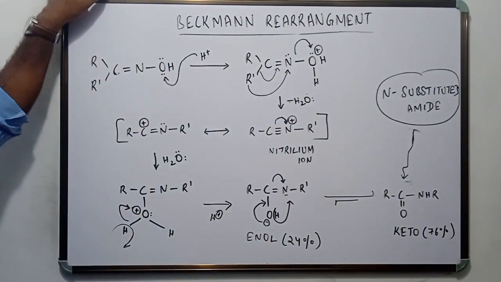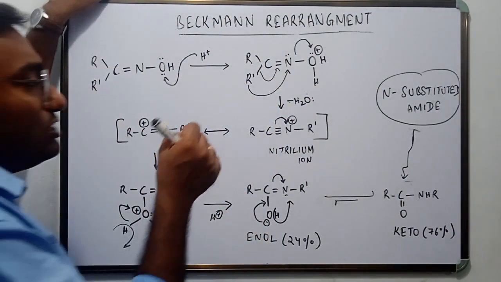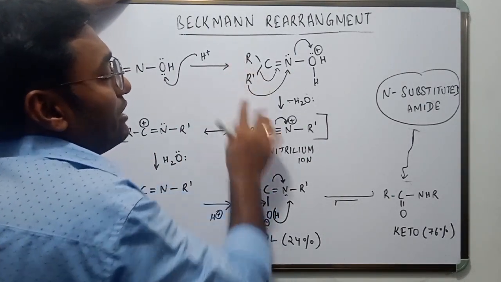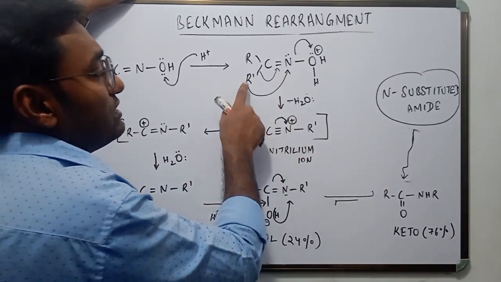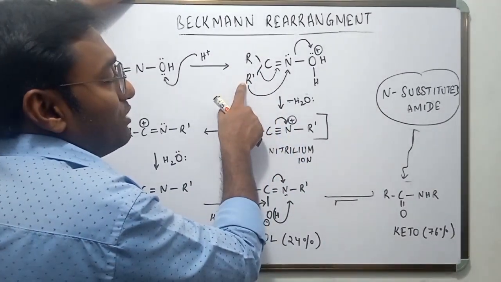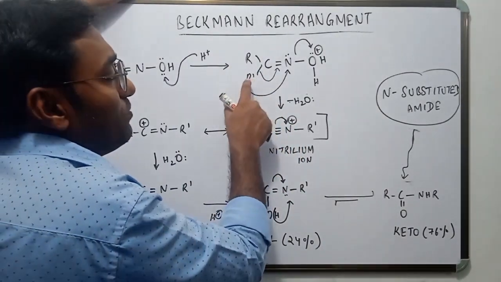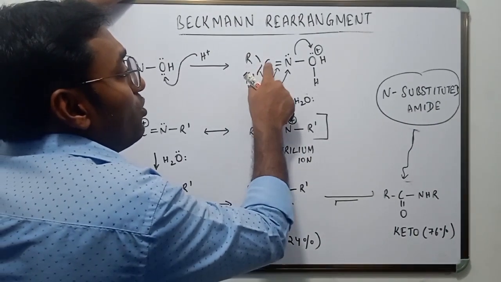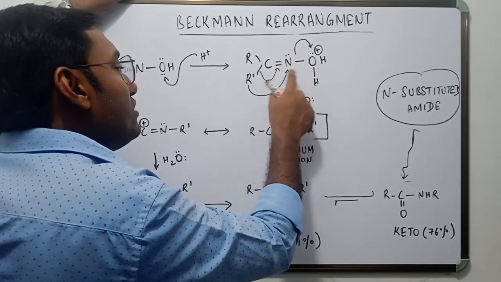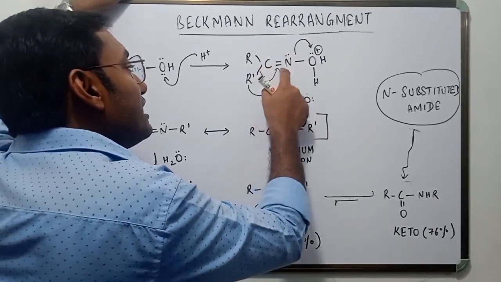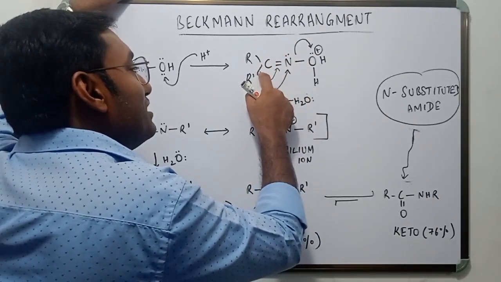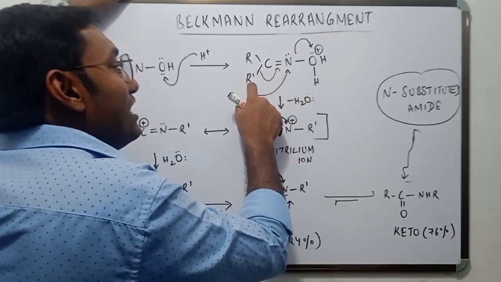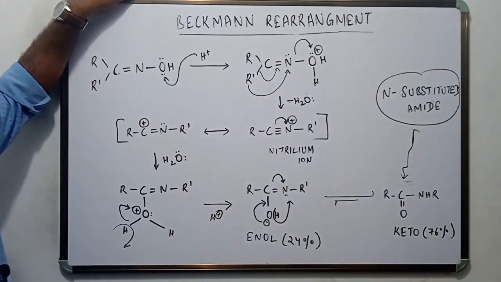Which one does nitrogen choose? It will definitely choose the more electron donating alkyl group. Suppose this is the more electron donating alkyl group, R dash. That would mean that it would pump the electron pair more towards nitrogen, and nitrogen will definitely take that electron pair which is more pumped. So when this pair goes here, the R dash becomes positive in charge.